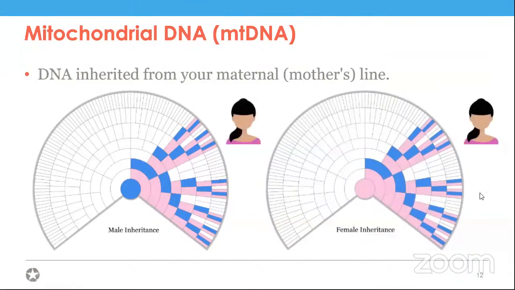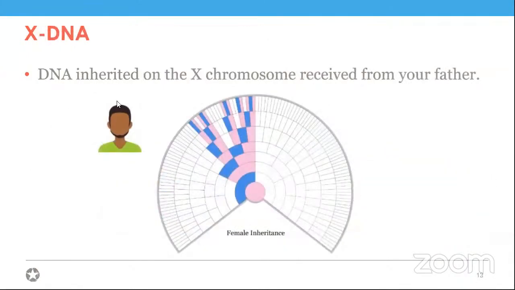So like we mentioned, here we have DNA that you receive from your father, and that is going to be the XDNA, and that's going to be passed on through that second X chromosome that's passed on from father to daughter. And this is a DNA inheritance that only a daughter would receive.